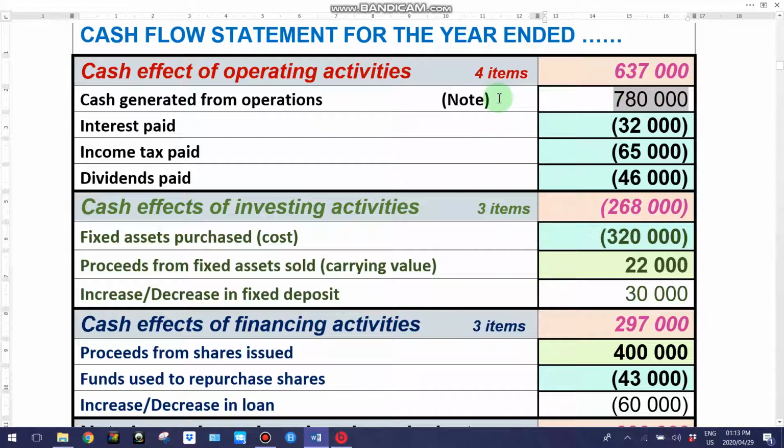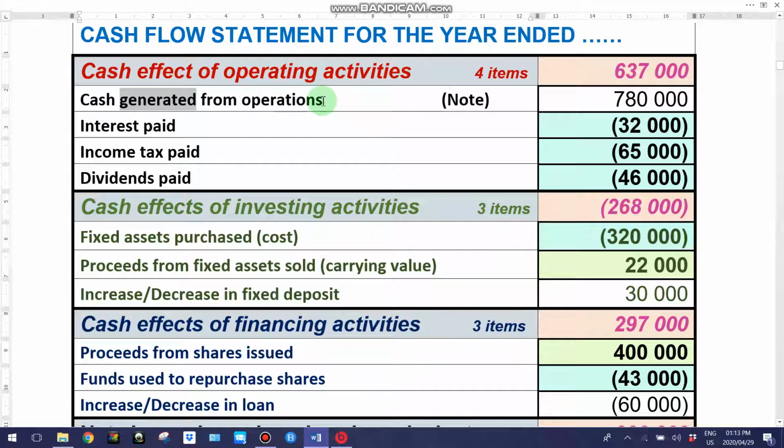Remember, a poorly run business can have a negative figure here. This amount does not have to be positive, in which case I won't use the word cash generated. I would have to say cash utilized for operations. Now this operations here, this whole note focuses around my net profit for the year.